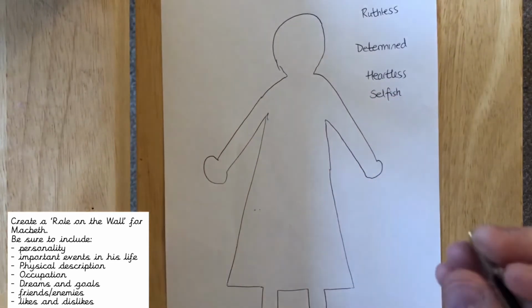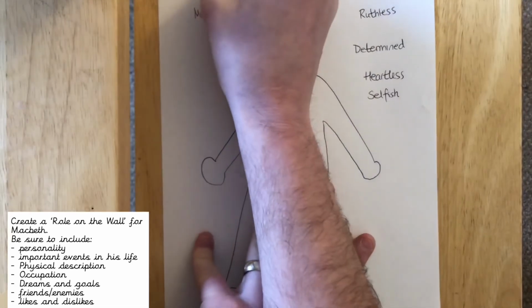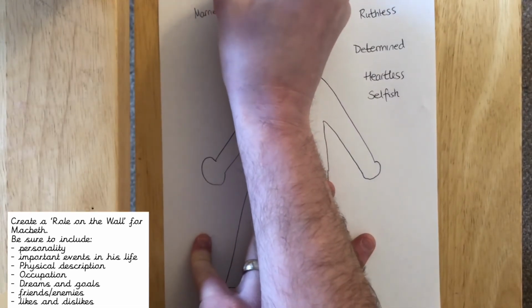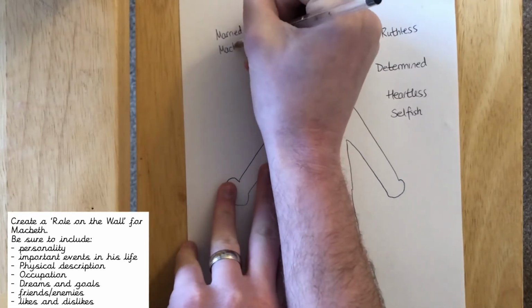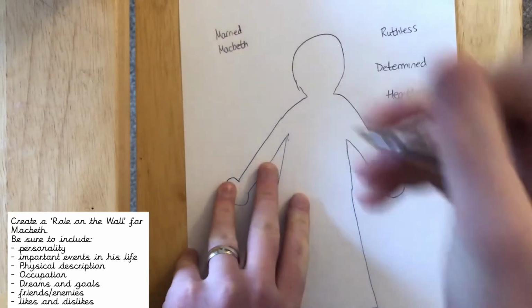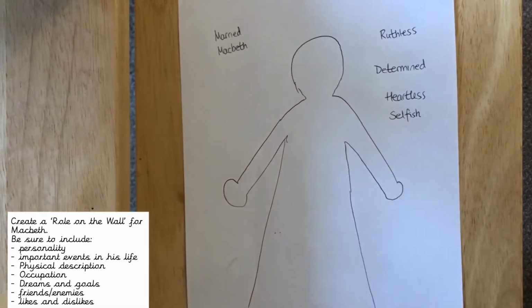Then, important events in her life. So she's obviously at some point married Macbeth. And at this point in the story, we don't really know anything else about her. Physical description. So in the text, there is a bit where it describes her. I'm just finding that bit now.